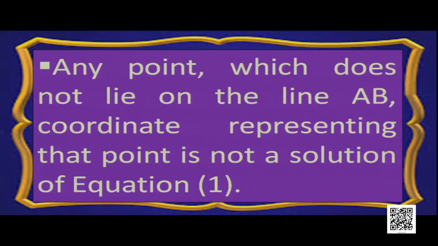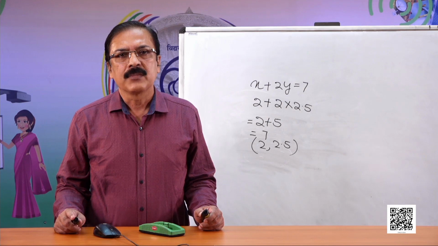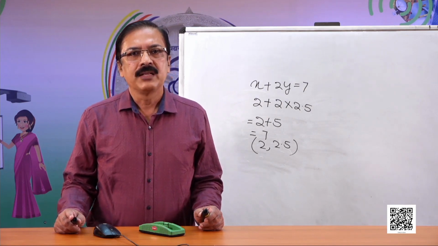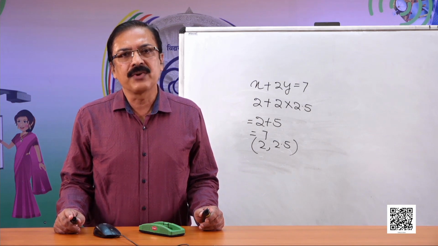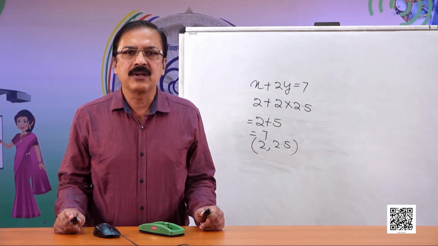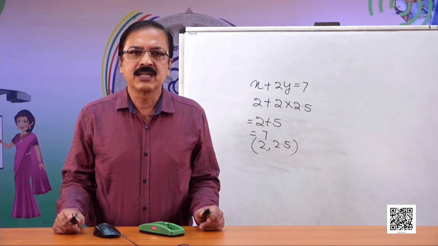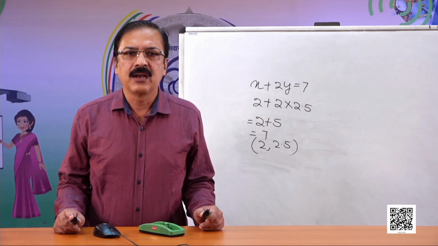Then, any point which does not lie on the line AB, its coordinates are not a solution of the equation. Here we studied that if a point satisfies the equation, then it must lie on the line, and any point on that line has coordinates that satisfy the equation.